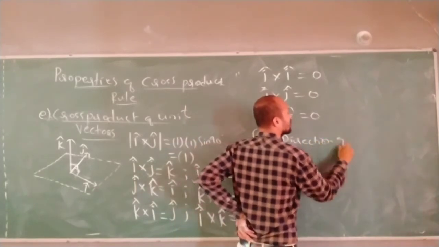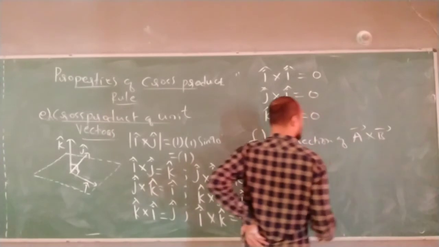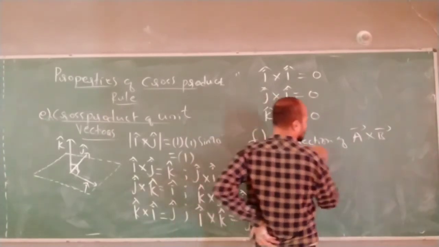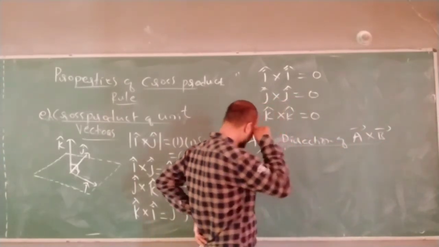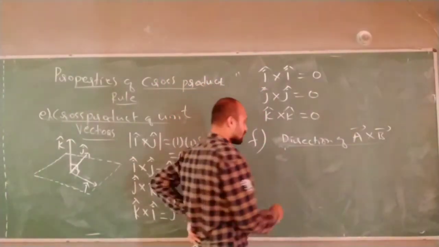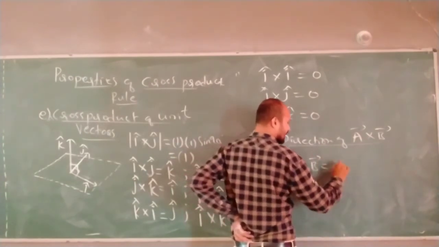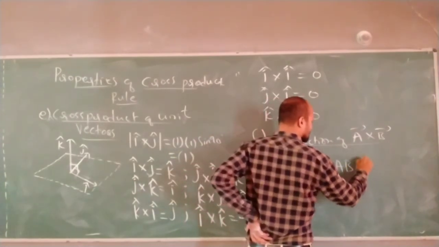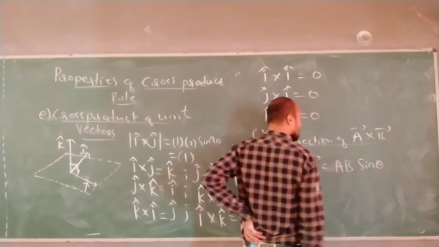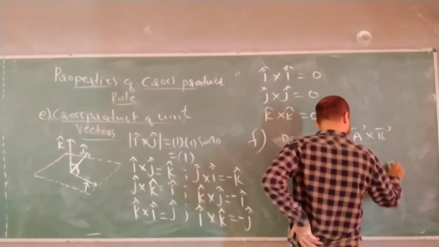Direction of A cross B. How can I give the direction of A cross B? First thing I showed you using the thumb rule. In terms of formula, A cross B is equal to AB sin theta n cap.